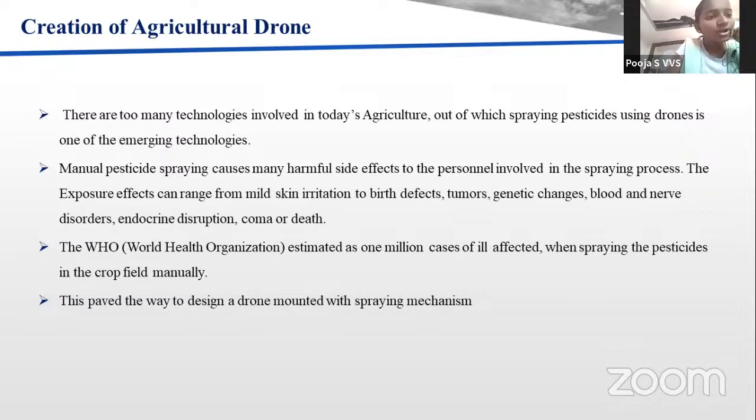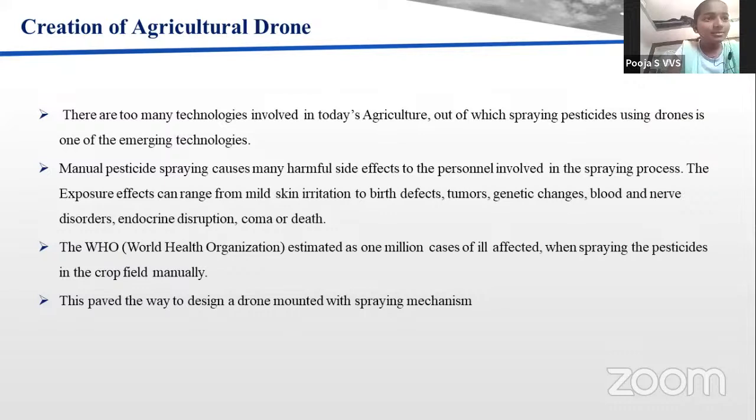The World Health Organization estimated 1 million cases of ill effects when spraying pesticides in the crop field manually.